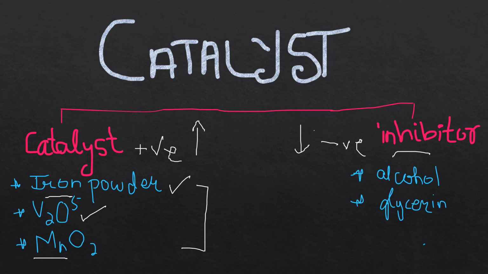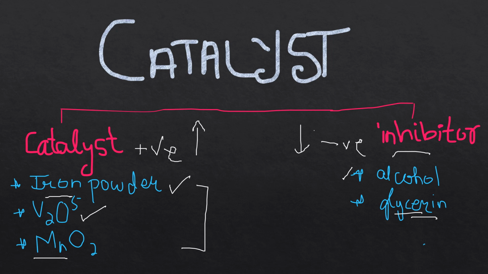After that, inhibitors: alcohol, not much alcohol, but 2% ethyl alcohol works to slow the oxidation of chloroform. After that, glycerine works as a negative catalyst or inhibitor when the decomposition of H2O2 happens. It works to slow down the reaction during the decomposition.